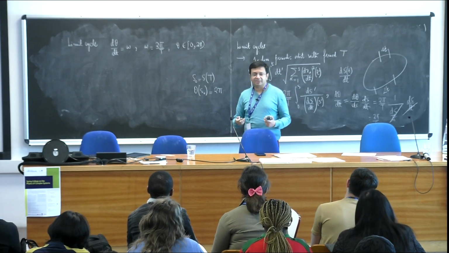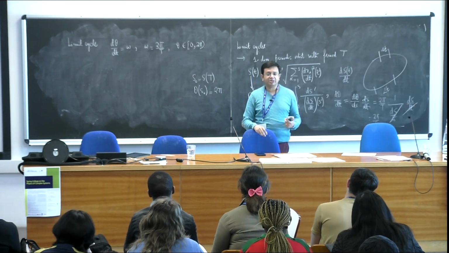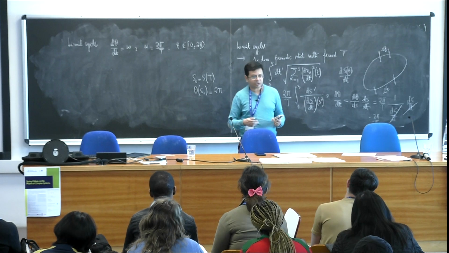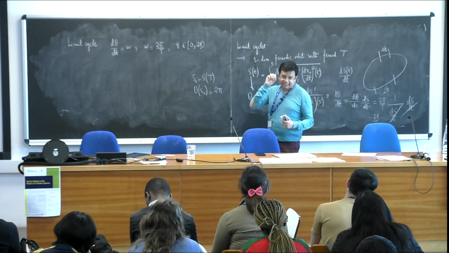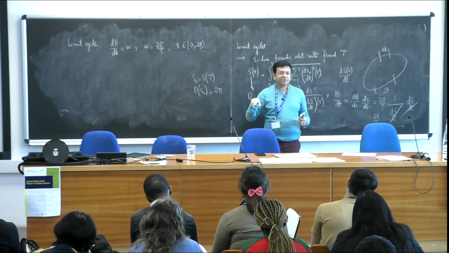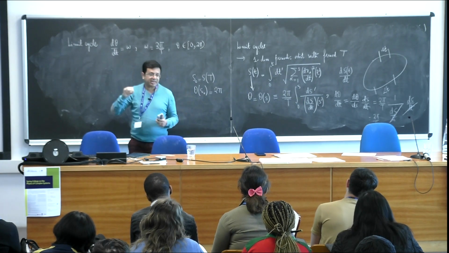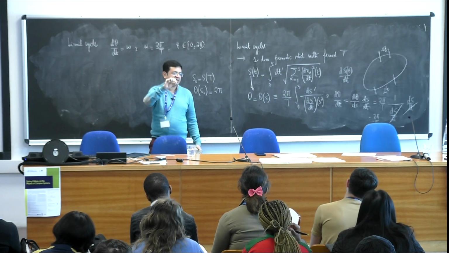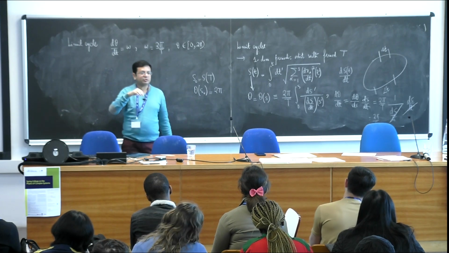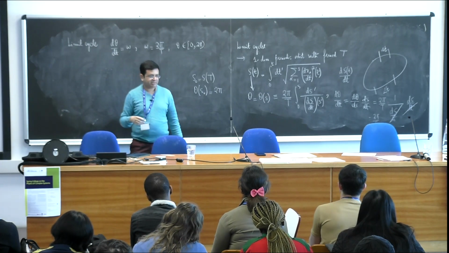But the question is, I am interested in the dynamics of a trajectory that does not start exactly on the limit cycle. So what is the guarantee that this equation that describes the motion on the limit cycle is also applicable to motion away from the limit cycle?